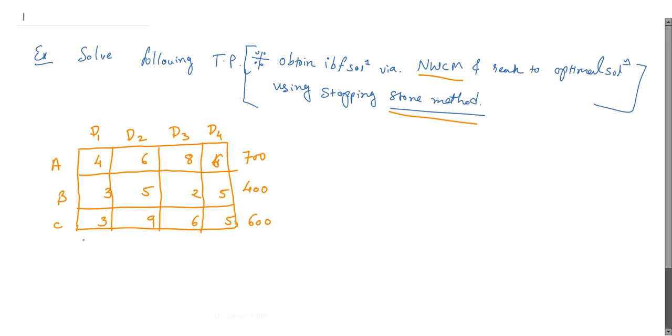At D1 the requirement is 400, at D2 it is 450, at D3 it is 350, and at D4 it is 500 units.